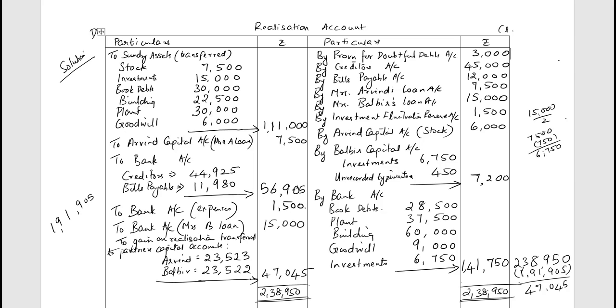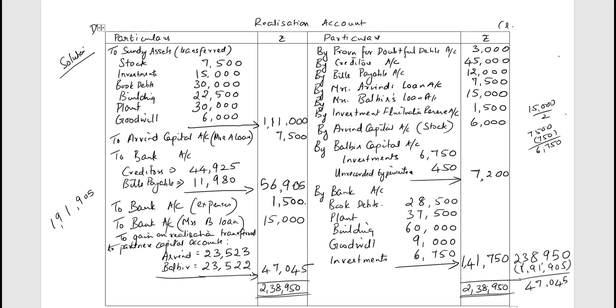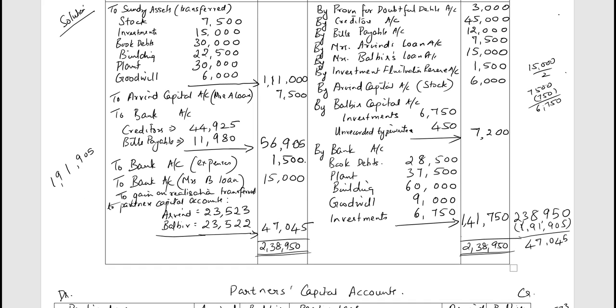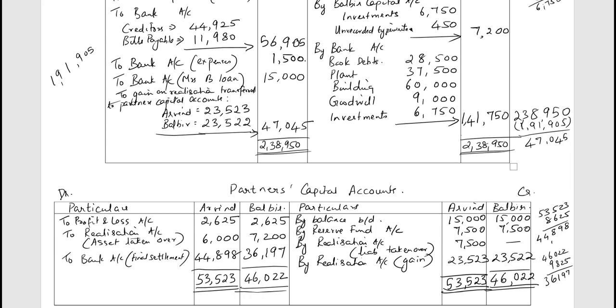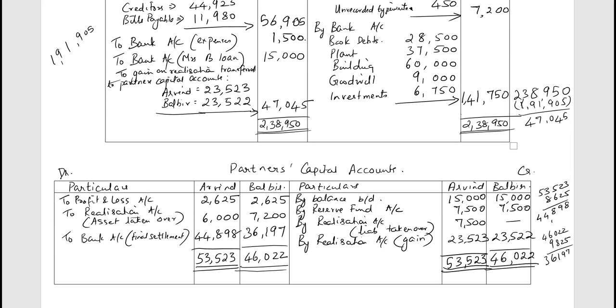So this is the realization account. Followed by the partner's capital accounts.